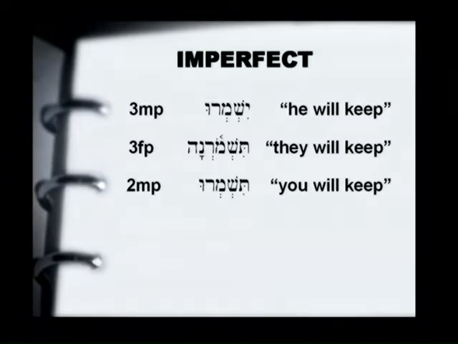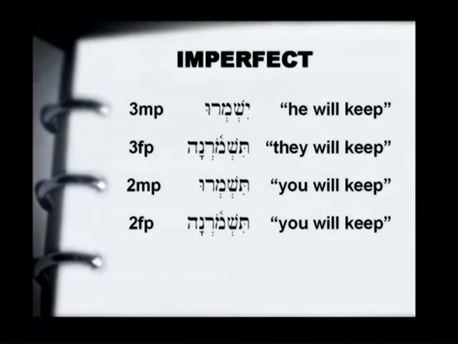Tishmeru is the second masculine plural, you will keep. Tishmorna, you will keep. Notice that tishmorna has two parsings. So if you have it in isolation, in a parsing exercise, you would say that tishmorna is third feminine or second feminine plural. The imperfect third feminine or second feminine plural, tishmorna.